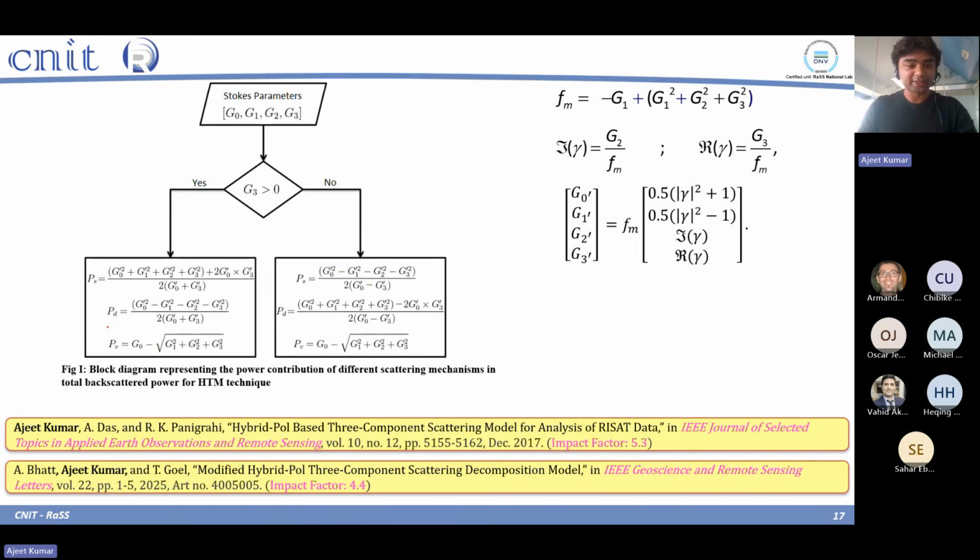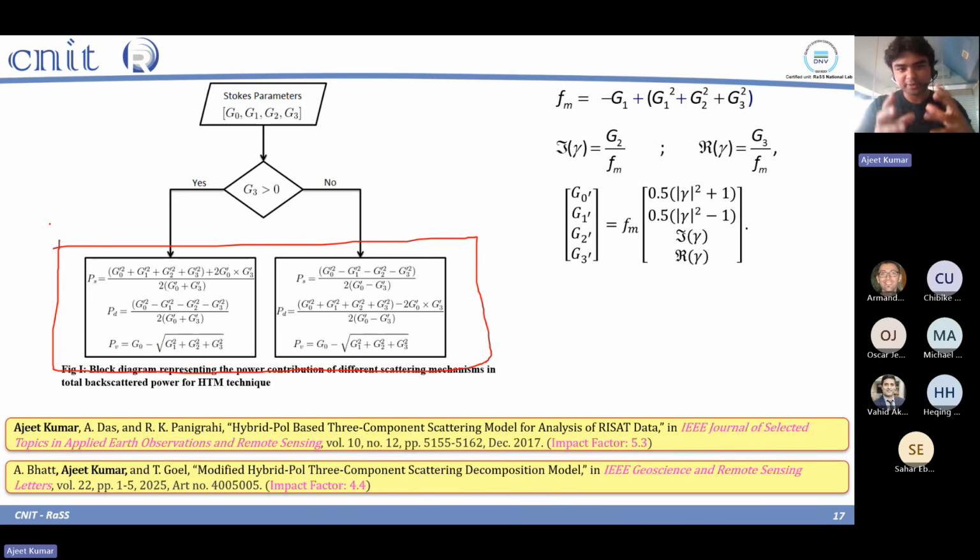You can calculate Ps, Pd, Pv based on these formulas, where the parameters fm and others can be calculated from the previous slide's expression, and then you can calculate these four components. Based on these components, the Ps, Pd, Pv, the surface scattering, dihedral or double bounce scattering, and volume scattering contribution powers are expressed in this way.